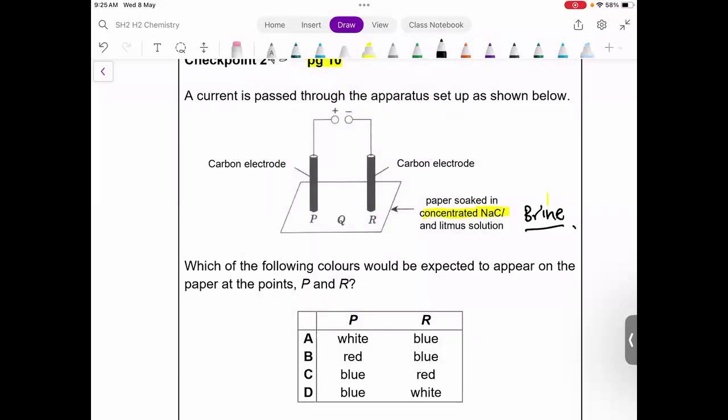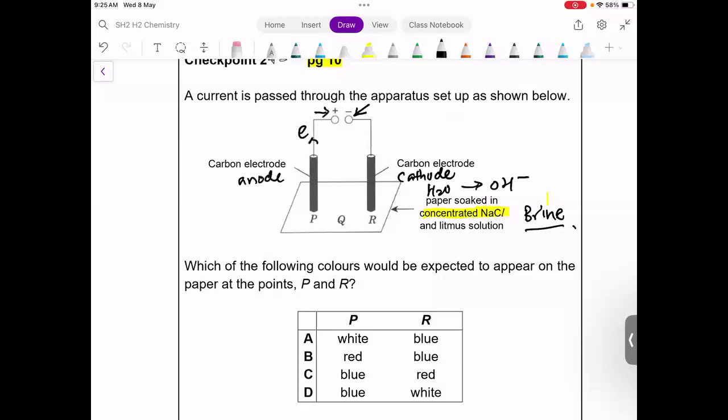The one that is connected to the negative polarity will be the one receiving electrons, right? So this will be the cathode. Remember? So at the cathode, water is reduced to hydroxide. Then the one that is connected to the positive polarity will get oxidized. Okay, so this is the anode.